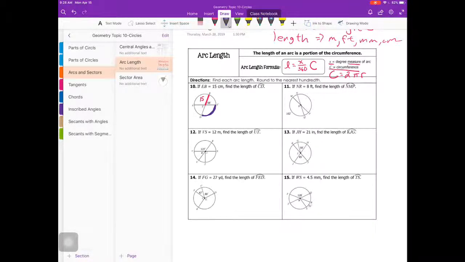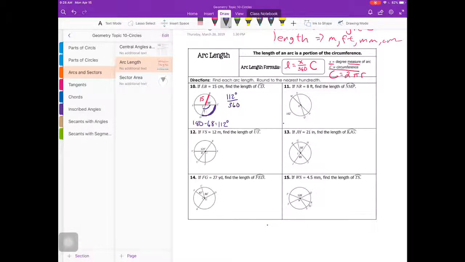Well, your first piece of information should be what's the measure of the central angle, because we need to know the degree measure of the arc in order to find the length of our arc. To do that, we're going to do 180 minus 68, which is going to give us 112 degrees.